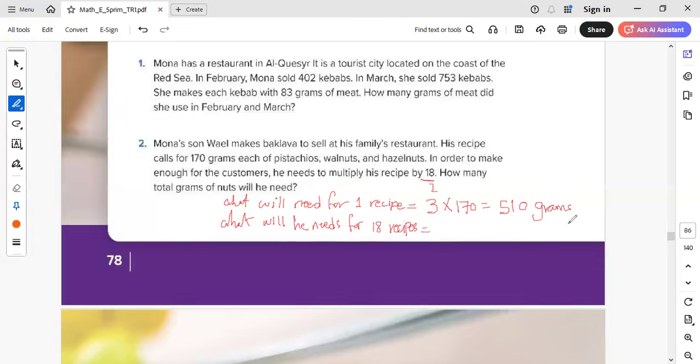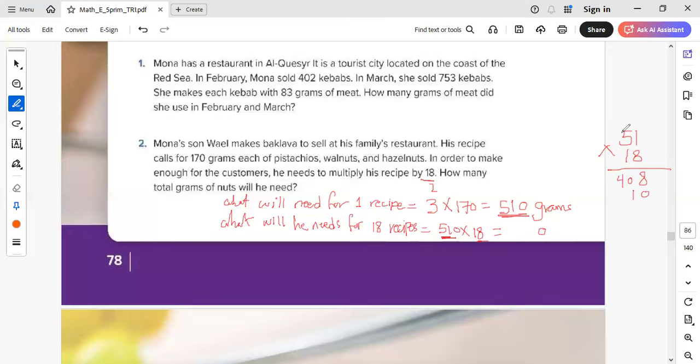Equals, we will multiply this amount, 510 grams, by 18. So if we need to multiply 510 by 18, at first we drop the 0, and we multiply 51 by 18. Here in a draft, 51 multiplied by 18. At first we multiply 1 by 8 equals 8, then 8 multiplied by 5 equals 40. Then we put 0 here.